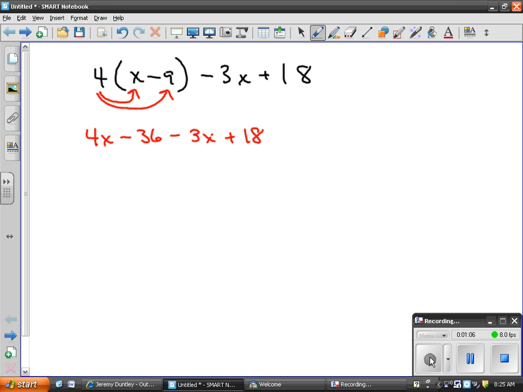Now I'm at the stage where I'm ready to combine my like terms. When we're talking about like terms, what we mean is those terms whose variable portions are exactly alike. I'll say that again. Like terms are terms whose variable portions are exactly alike.